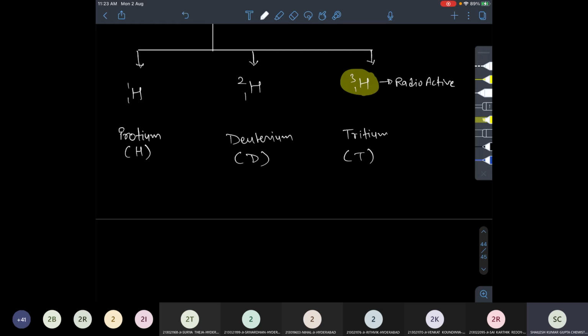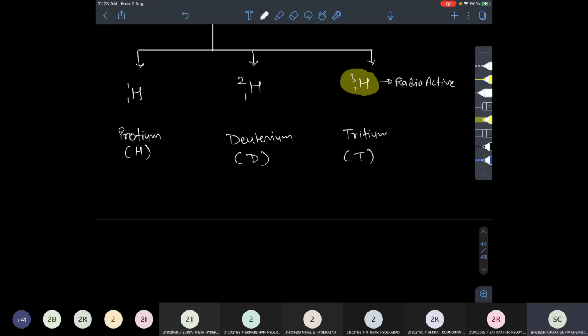What are radioactive species? Species which spontaneously emit alpha, beta, and as a consequence, gamma radiation. There are many other things also, like K capture and emission of X-rays, but these three are known from ancient times: alpha, beta, and gamma radiation.